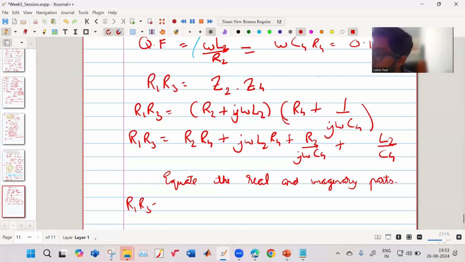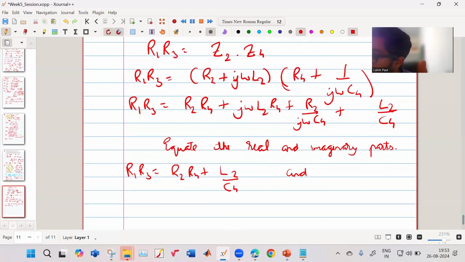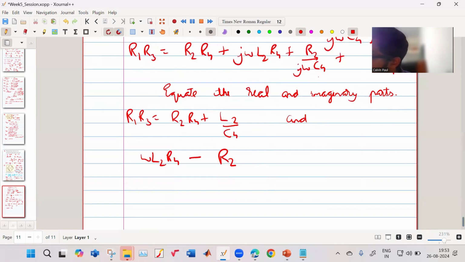R1 into R3 is equal to R2 into R4 plus L2 upon C4. And omega L2 R4 minus R2 upon omega C4 is equal to 0.